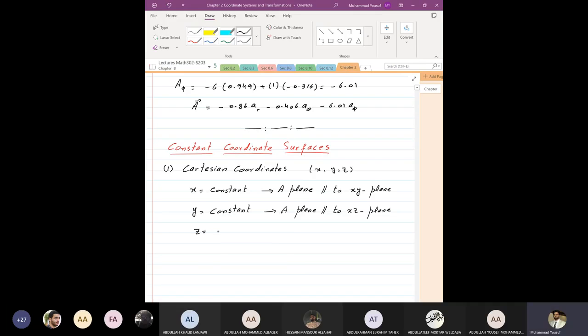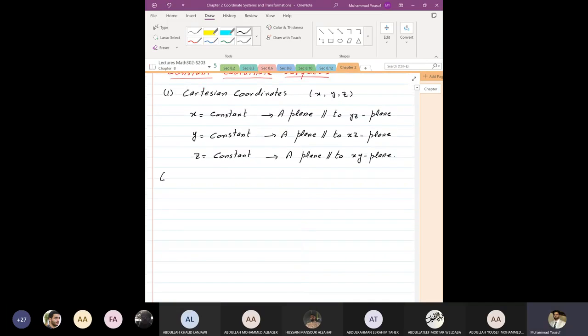And z equal to constant is a plane parallel to the ground. No, x equal to constant is yz, not xy. The other two are the yz plane and the xy plane. So this is number 1.